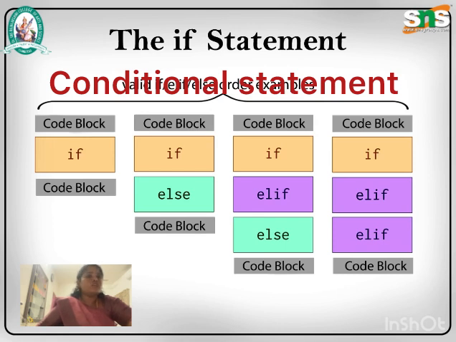If the condition is true, then the if part alone is executed. If the condition is false, the if part is omitted, so the else statement is used, and whatever statements are in the else part, it prints on the screen. That is the concept of the if else statement.